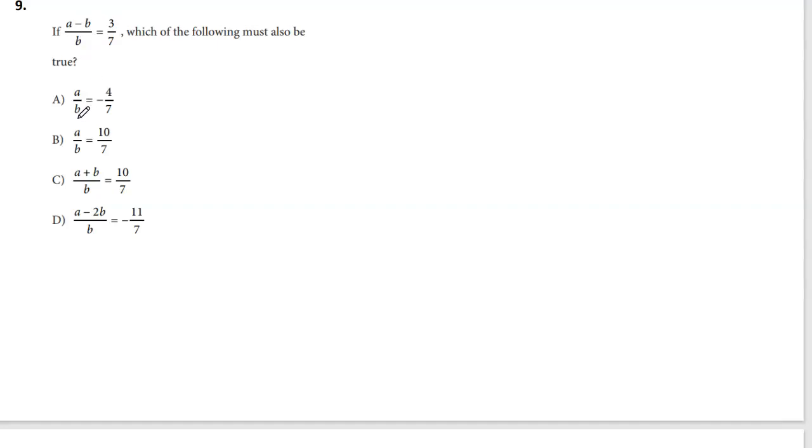They want A over B or a combination. So let's go for the simplest one. So I'm going to rewrite this as A over B minus B over B equals 3 over 7. With this, I haven't really changed much. Everything I've written is the same.